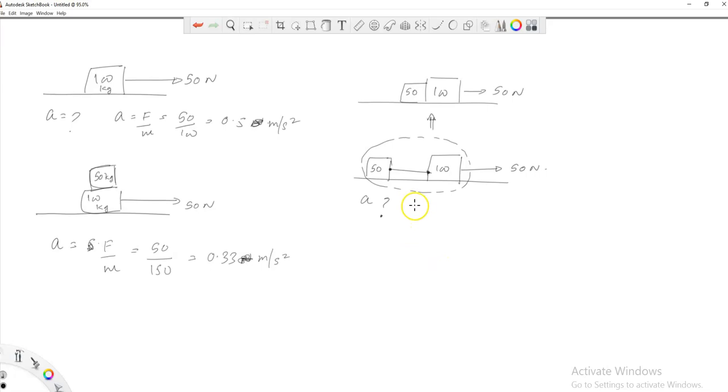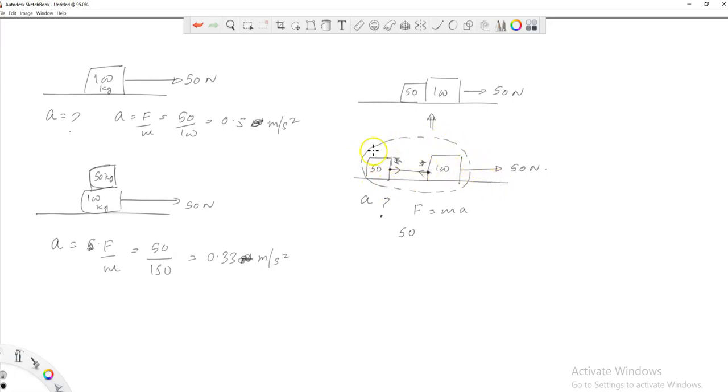You can say F equals ma. The total net force you are applying is 50. There are tensions on the string. This little box is being pulled by the big one with some tension like this. But at the same time, the same tension is pulling back on this one. So when we think about the big system, these little internal forces get cancelled out.